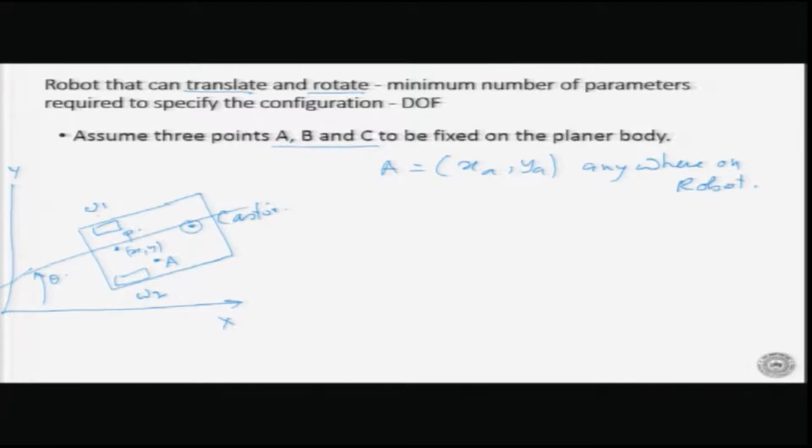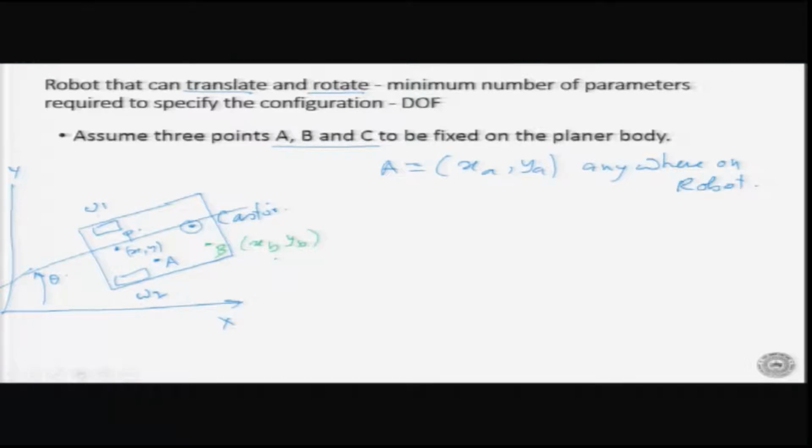So, now we are saying that I have this point A which I have placed. Now, I take my point B and put it here, and this point B has coordinates xb, yb.